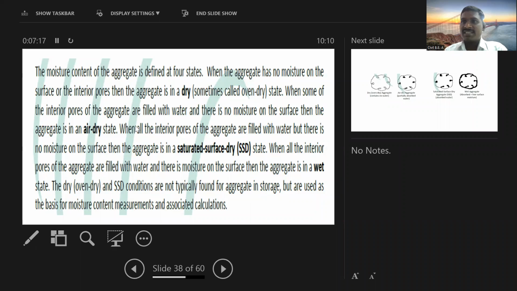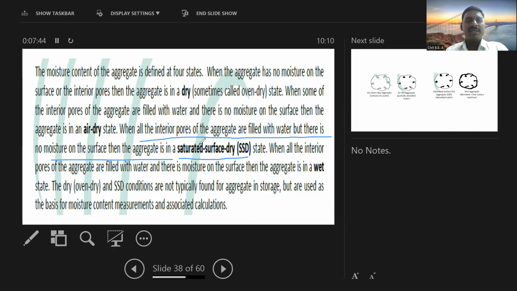So four states are there. The first is the dry state, the second is the air dry state, and the third is when the interior pores of the aggregate are filled with water, but there is no moisture on the surface of the aggregate. That condition is the saturated surface dry state.